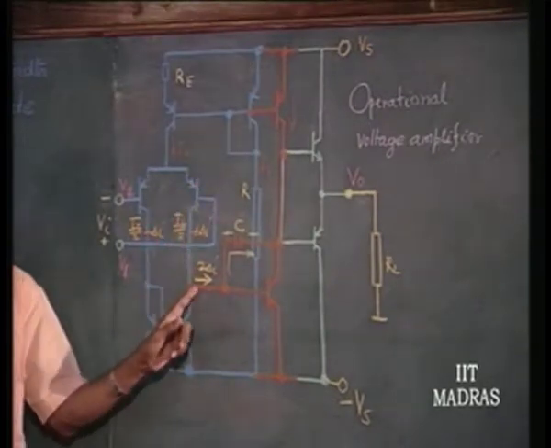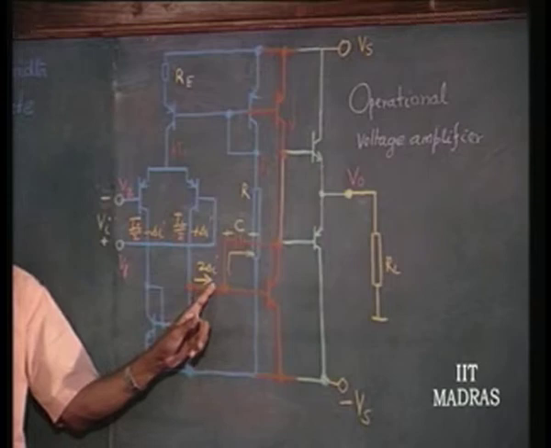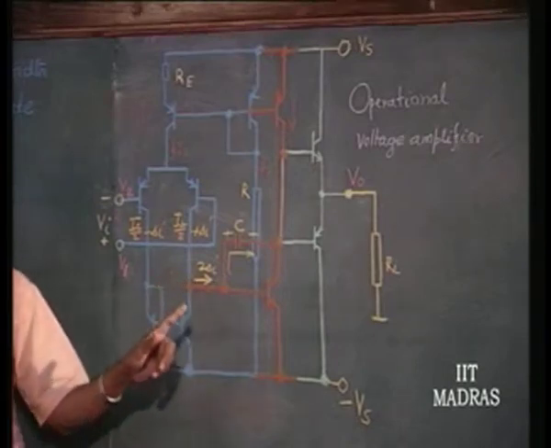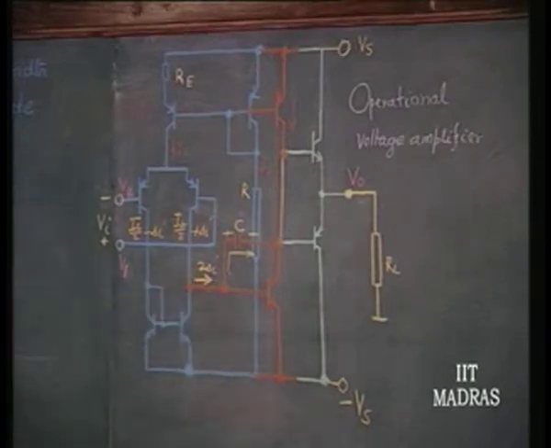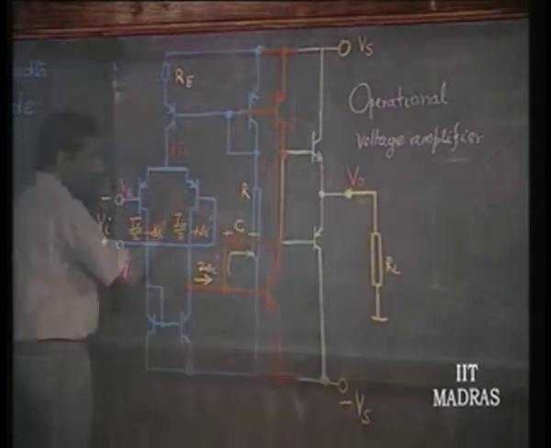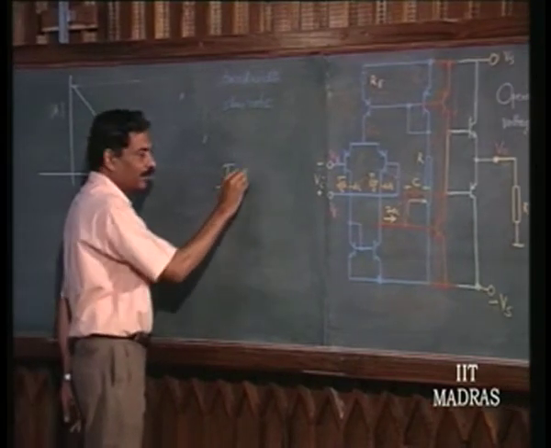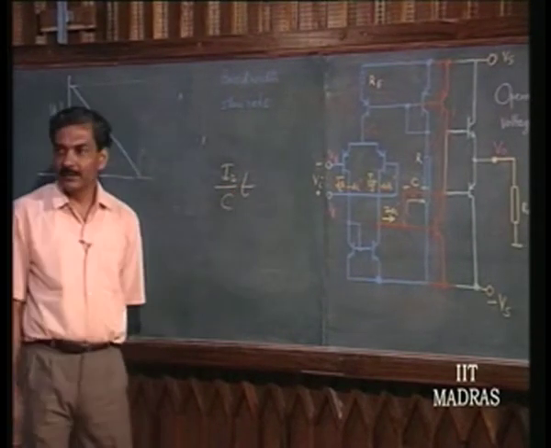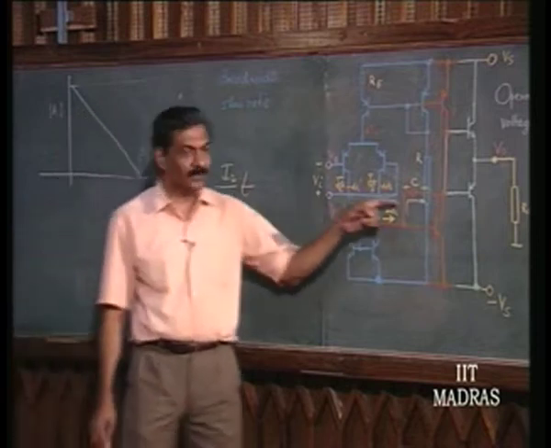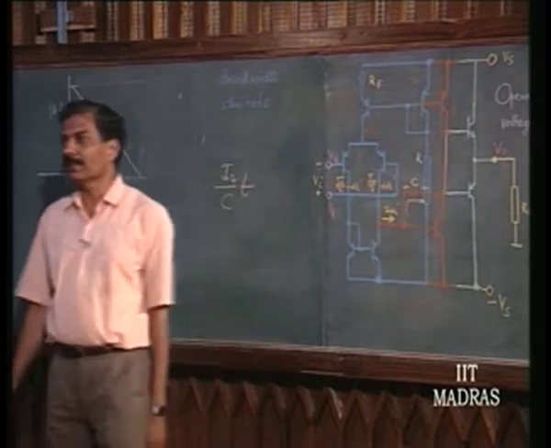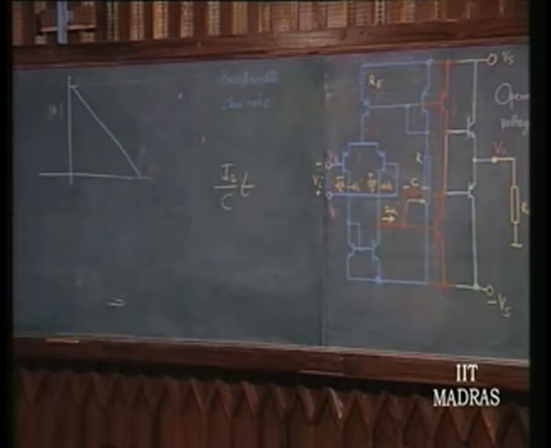So, this will pump a current of I2 into this capacitor. When a DC current of I2 is pumped into a capacitor, what will be the voltage? I2 by C into T. DC current I2 getting pumped into the capacitor, voltage across the capacitor is 1 over C integral I dt.